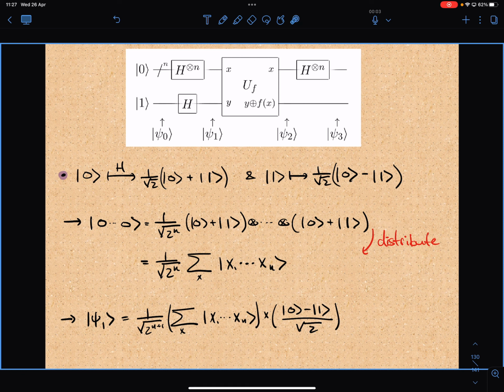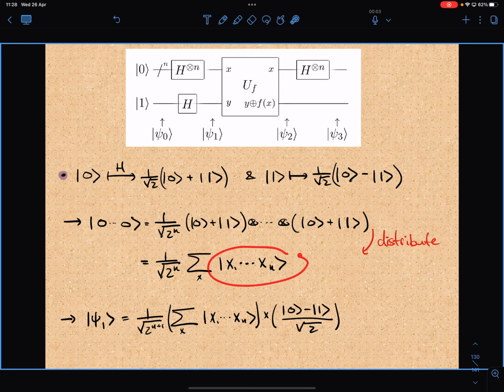Since for each qubit I have 0 or 1 to choose from in the product, I end up creating all the sequences of zeros and ones in here.